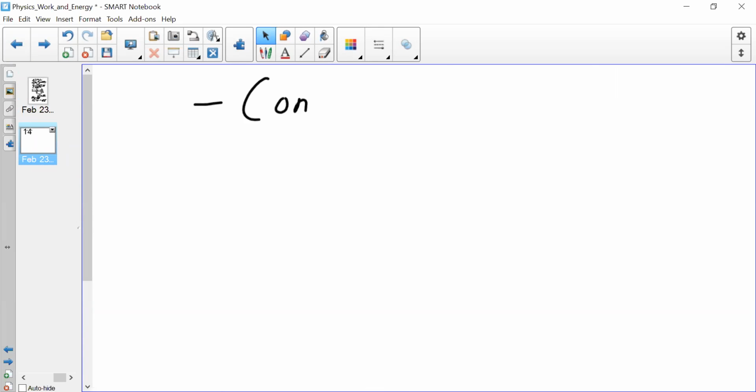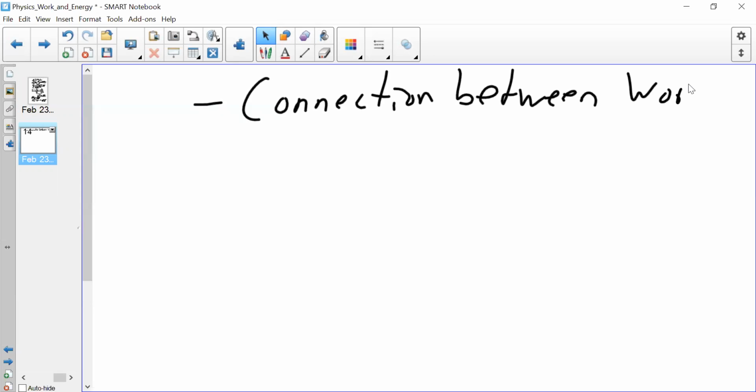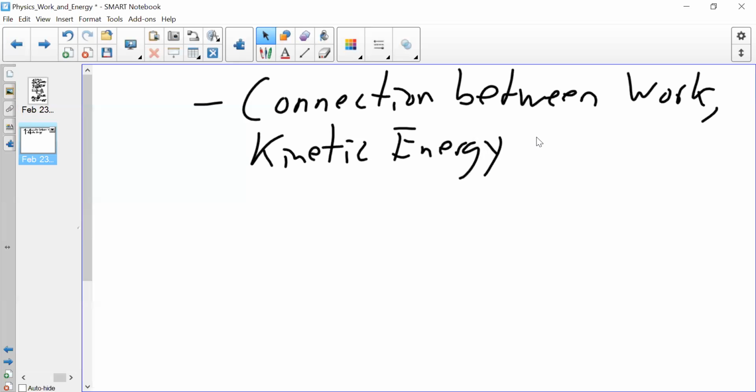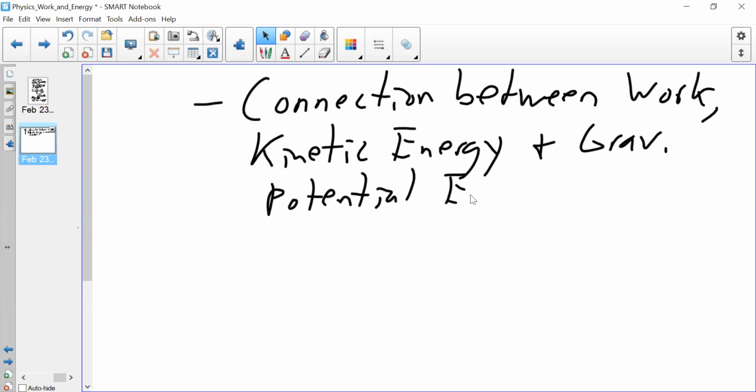We're going to talk about the connection between work, kinetic energy, and specifically gravitational potential energy.